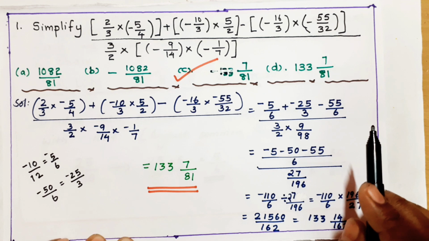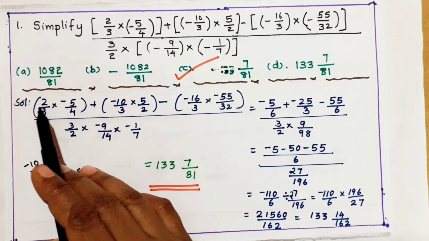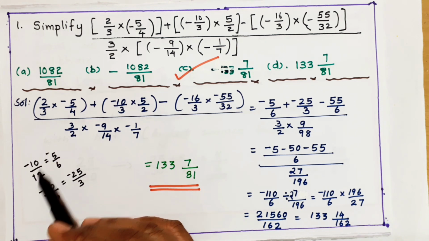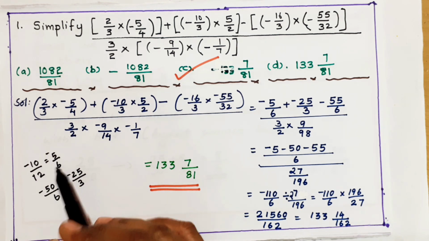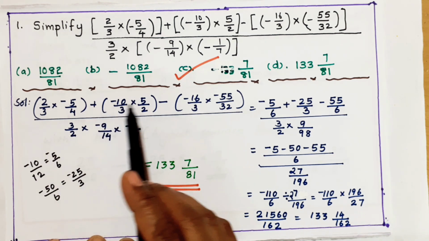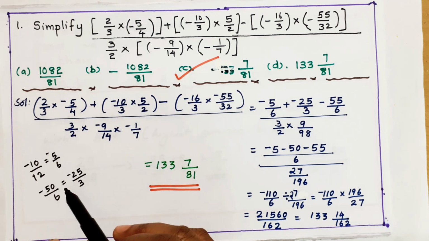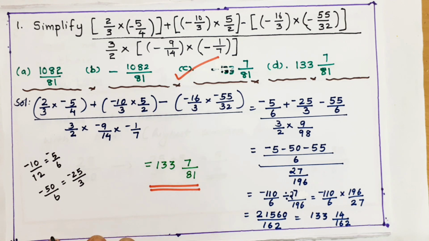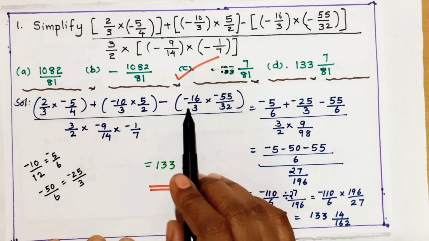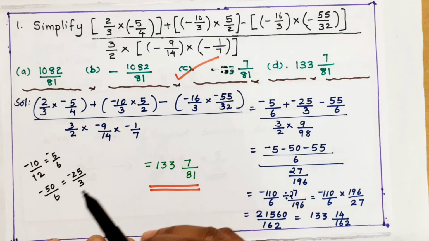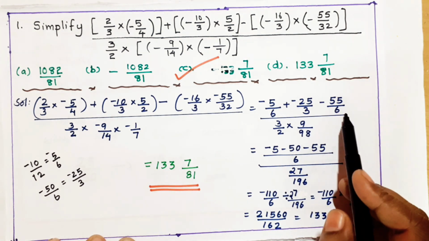6. Clear? What I did, I multiplied 2 into 5 by 3 into 12. It is minus 10 by 12. I simplified as minus 5 by 6. Minus 10 into 5 is 50 divided by 6. Minus 50 by 6 we can write as minus 25 by 3. Now if you see this term, 16 and 32 we can cancel and we get 2. So it is minus 55 by 6.